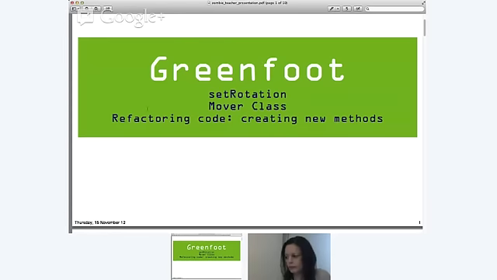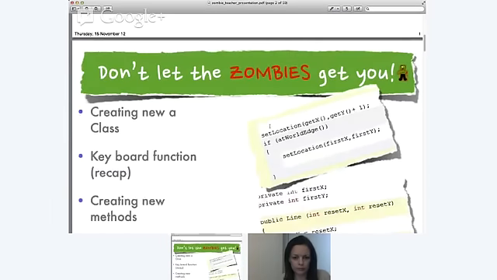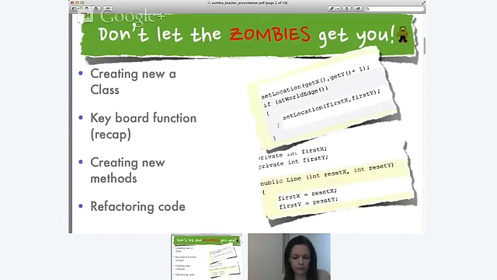One of the key things we were looking at is refactoring the code, making it simple. Then we created a new class called Mover, and we did set rotation. What they developed was a game with 8-bit zombies and a hero in the center shooting around. These are the files you will find in my GitHub repository.